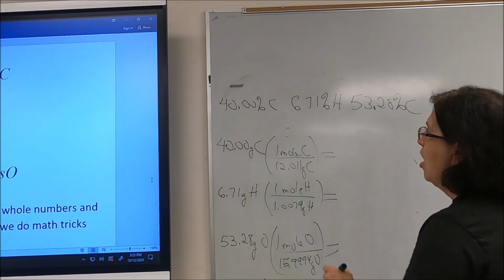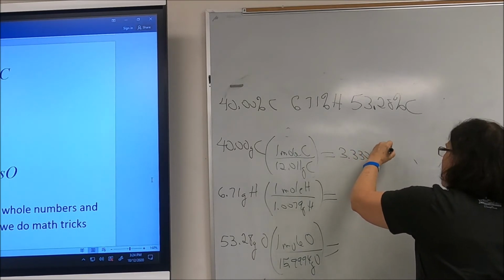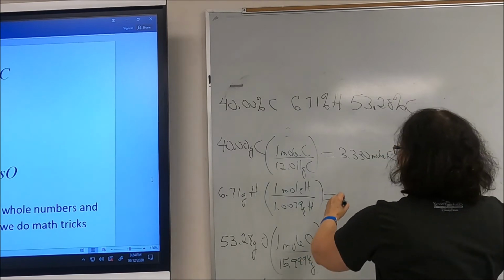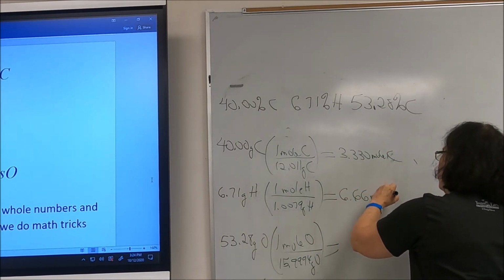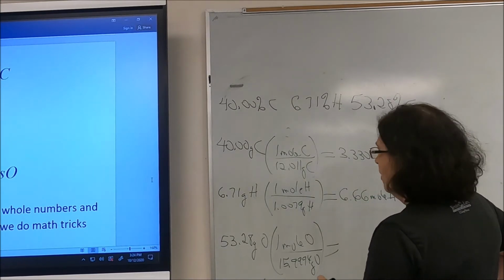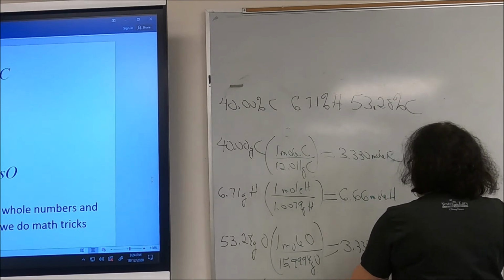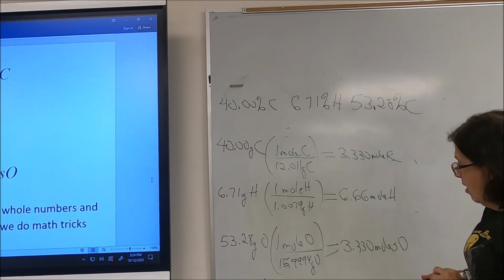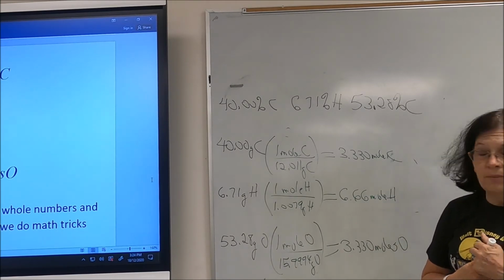So for our carbon, we're going to get 3.330 moles of carbon. And for hydrogen, we've got 6.66 moles of hydrogen. And for oxygen, we've got 3.330 moles of oxygen. Now looking at this, the smallest numerical value here is 3.33.